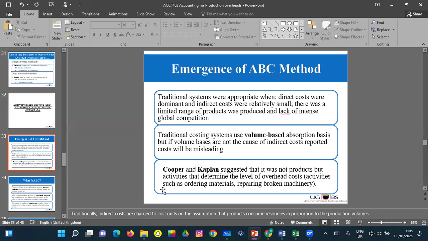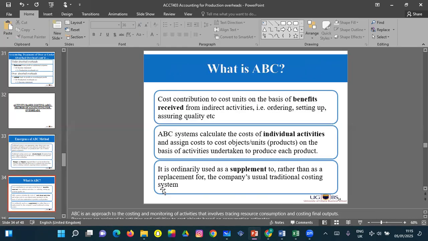So Cooper and Kaplan suggested that it was not products but activities that determine the level of overhead cost. Activities such as ordering materials, repairing broken machinery. So why ABC, or activity-based costing? The reason is the cost contribution to cost units on the basis of benefits received from indirect activities.